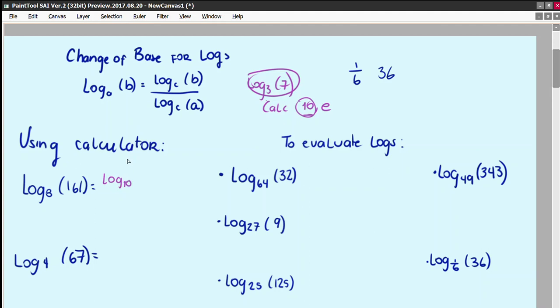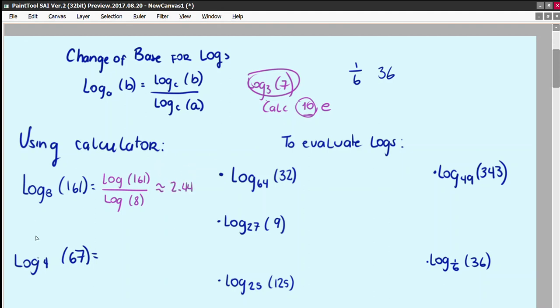Remember, base 10 is not written, never. So this is log of my argument over logarithm base 10 of my previous base. And this is approximate. If we plug this into the calculator, this is going to give us 2.44.